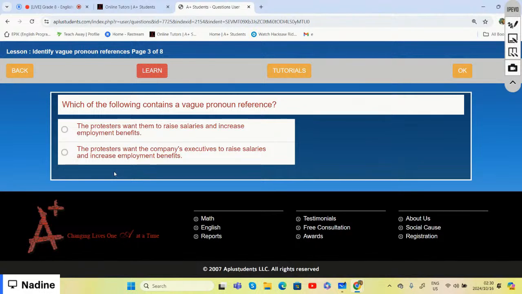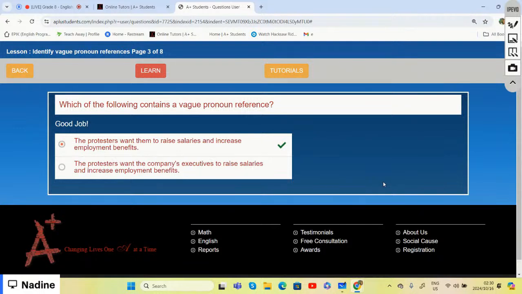And now it says the protesters want them, didn't we do this one? To raise salaries. I think we did this one. Yes.